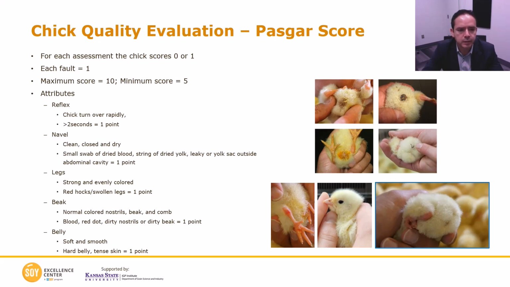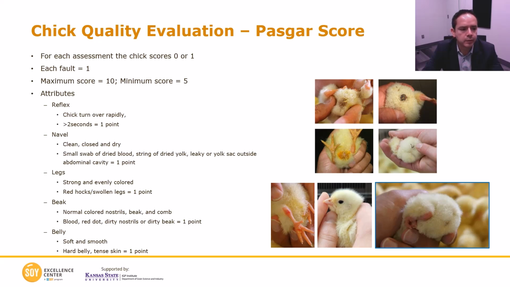The attributes that are measured with this PASGAR score are reflex, navel, legs, beak, and belly. The reflex includes chicks turning over rapidly. If they wait more than 2 seconds to turn over, they get 1 point.